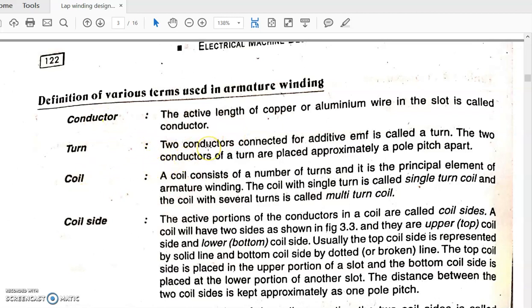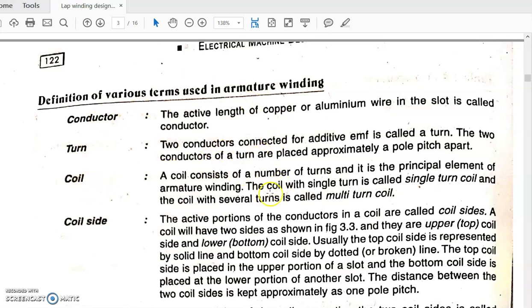A single turn consists of 2 conductors, a bottom and a top conductor. One is the top conductor and the other is the bottom conductor. The top conductor is placed in one slot and the bottom conductor will be placed one full pitch or short pitch apart from the top conductor.